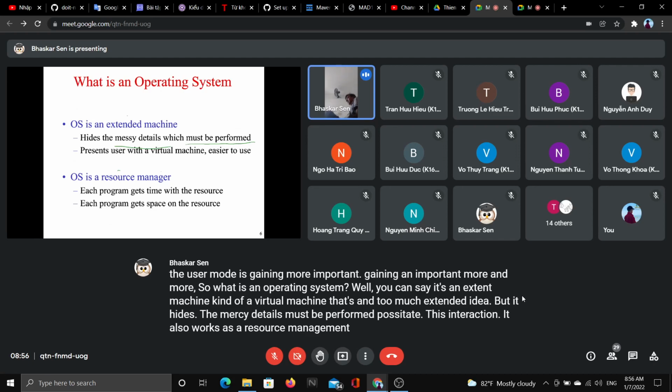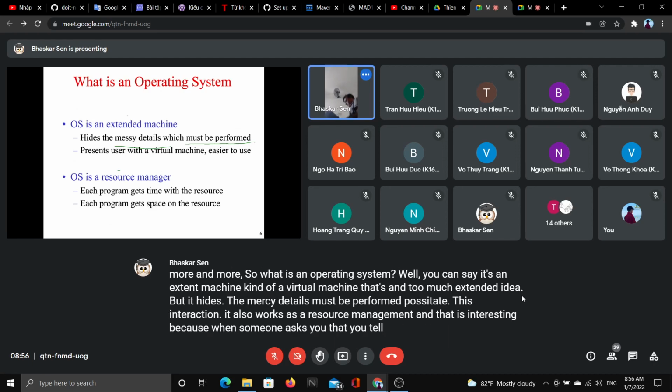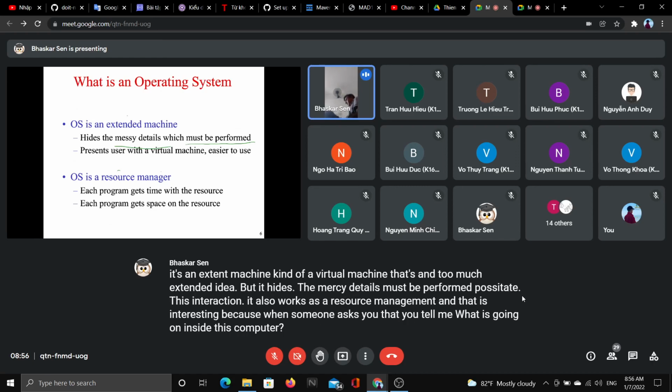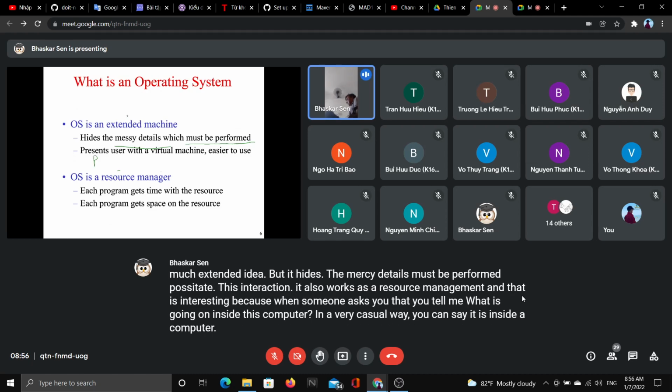And that is interesting because when someone asks you, can you tell me what is going on inside this computer? In a very casual way, you can say that inside the computer, it's all about processes and resources. Chiefly hardware.